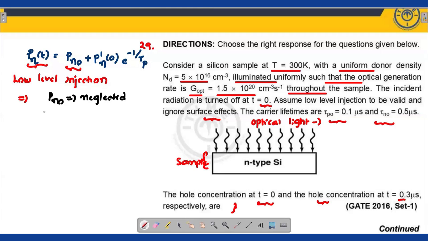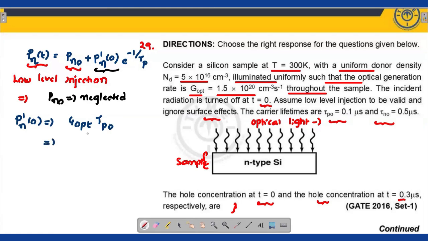Then what happens, my dear friends, first of all we need to find this. There is a separate formula for this one, which is equal to G opt into tau PO.